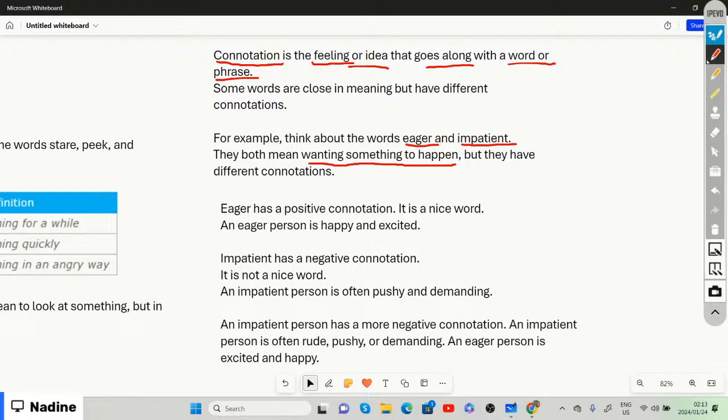But when it comes to eager and impatient, they have different connotations. So when it comes to eager, eager has a positive connotation.